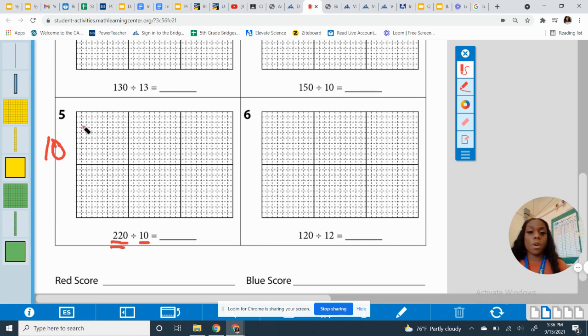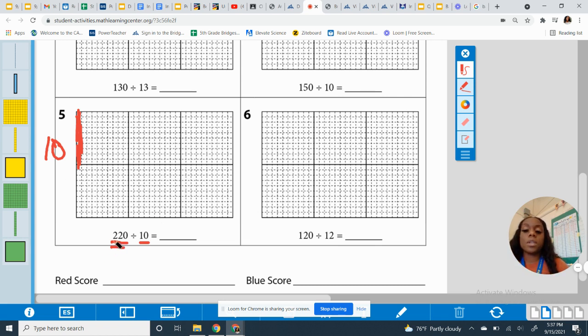For this problem, I need 10. So what I normally do, just so I don't forget, is I color my 10 strip. Make sure that is the only length I'm going.